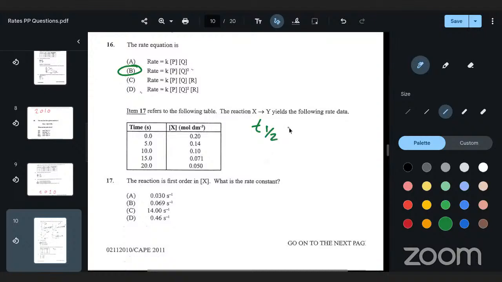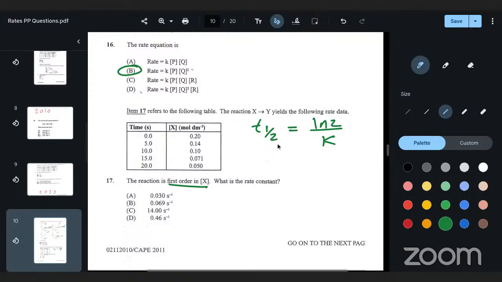So remember this formula: t half is equal to ln2 over k, right? The reason why I use this formula, by the way, is they told us that the reaction is first order. So we have what we call the integrated rate law. We are going to do it on Saturday.